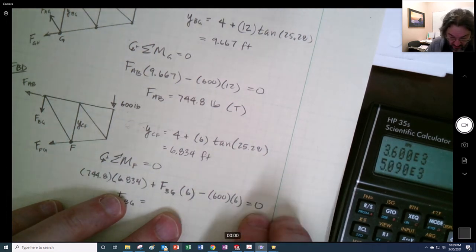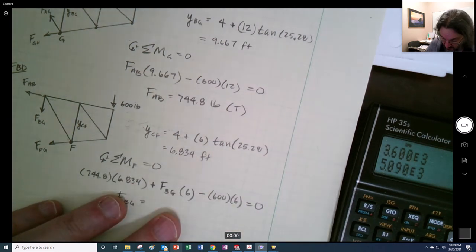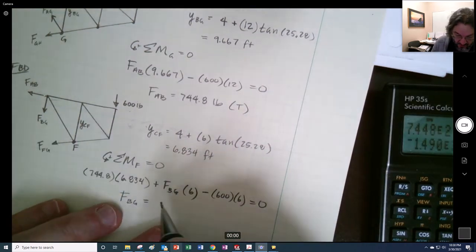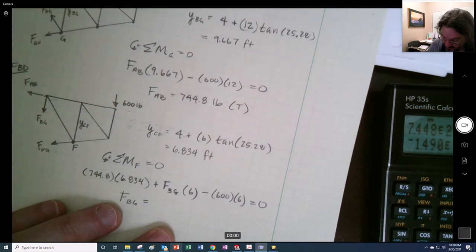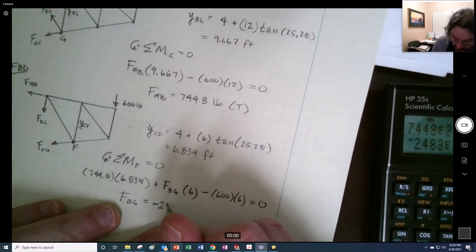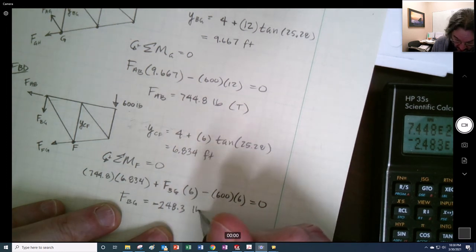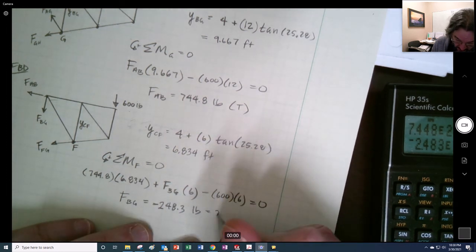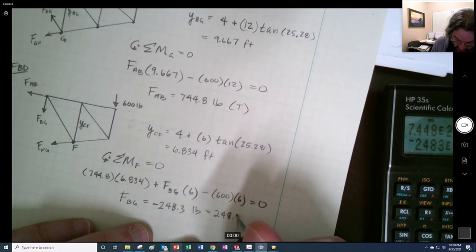This comes over here and becomes positive. This comes over here and becomes negative, but it's a larger number. And then we divide by 6. So I get a negative 248.3 pounds. So 248.3 pounds compression.